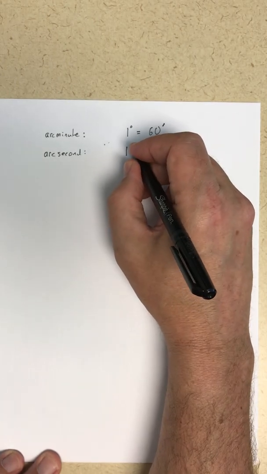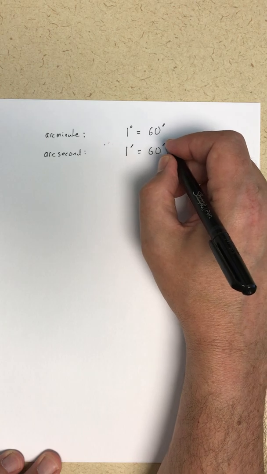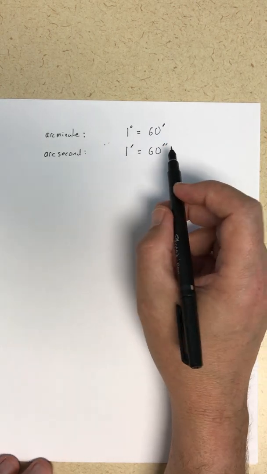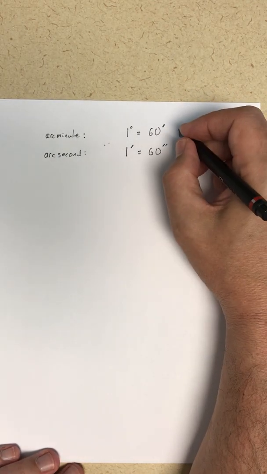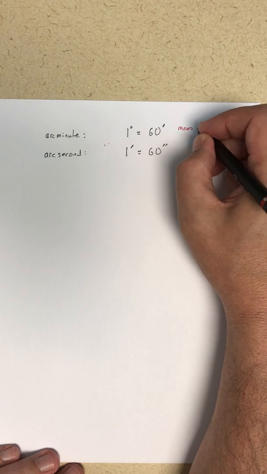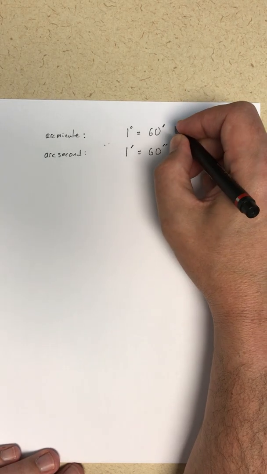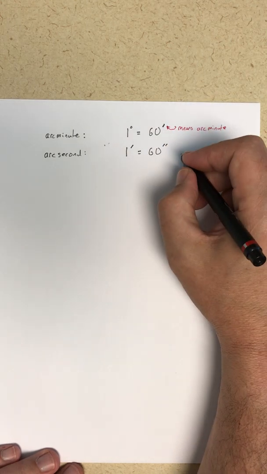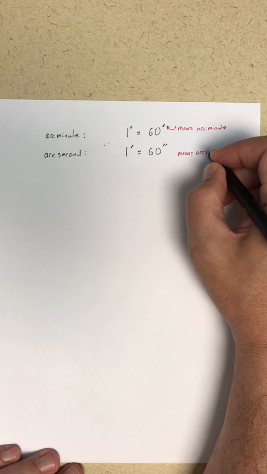And 1 arc minute of angle is equal to 60 arc seconds. So the double tick is telling us arc seconds. Make a little note. Arc minute, and the double tick means arc second.